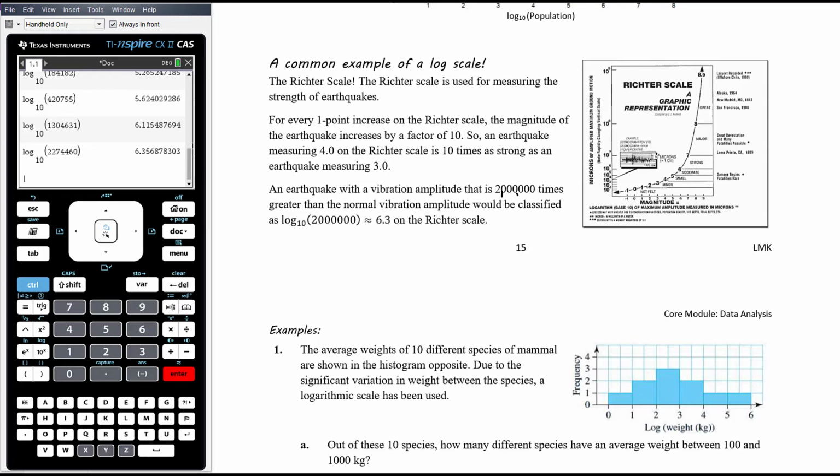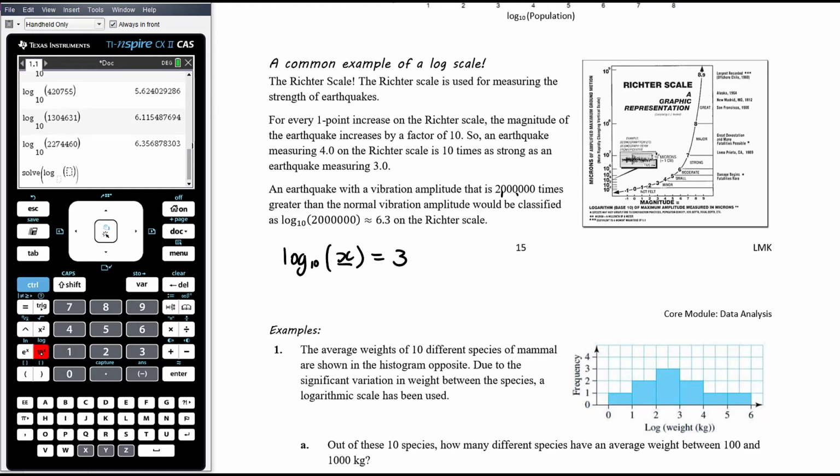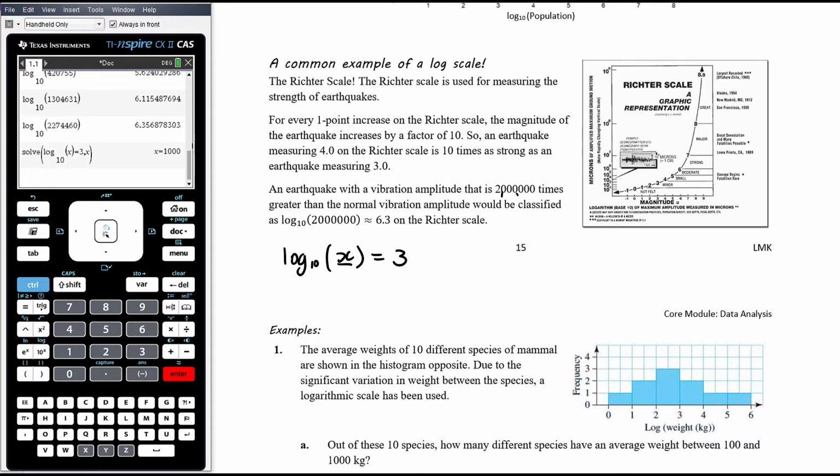So if we know that an earthquake is 3 on the Richter scale, that means the actual vibrations are what's going on in there, that number in there. So if we got our CAS to solve log base 10 of an unknown value equal to 3 for x, that means that the vibrations are 1,000 times more than the Earth's normal vibrations.